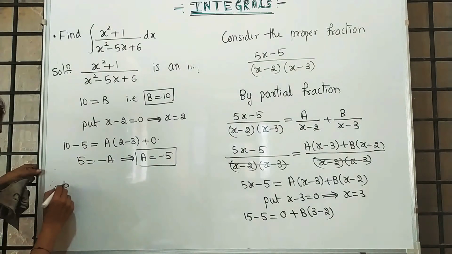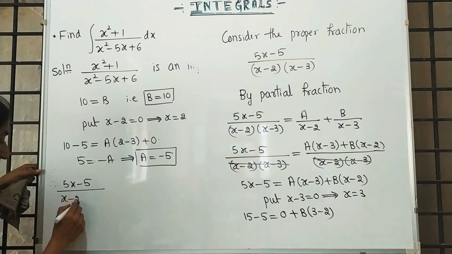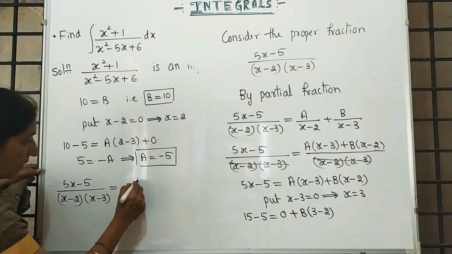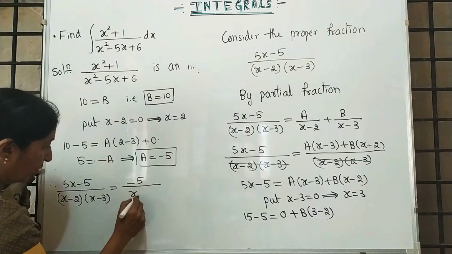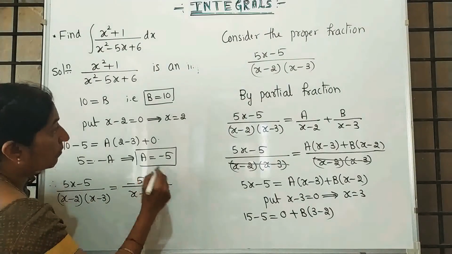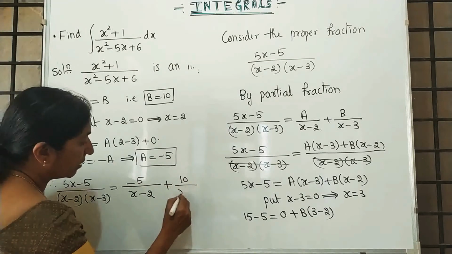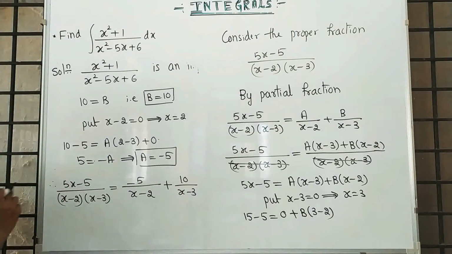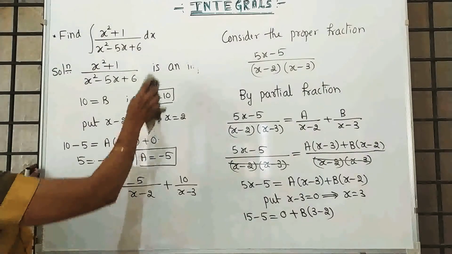Therefore 5x minus 5 upon x minus 2 into x minus 3 is written as minus 5 upon x minus 2 plus 10 upon x minus 3. Now write this in equation 1. What is equation 1? x square plus 1 upon x square minus 5x plus 6.